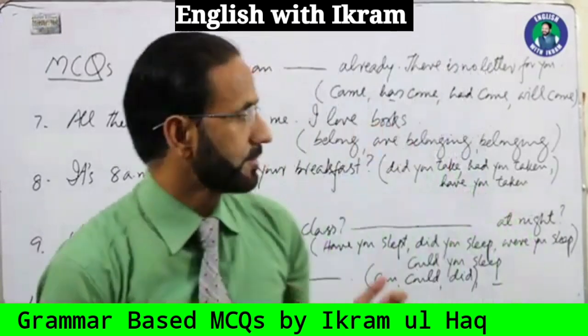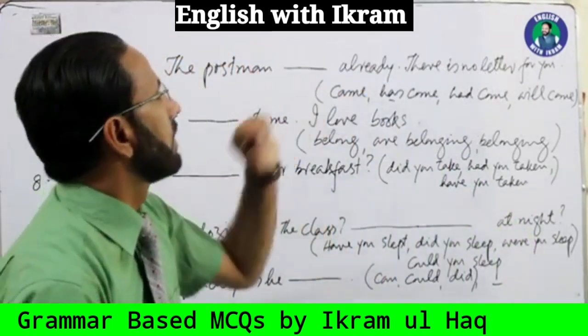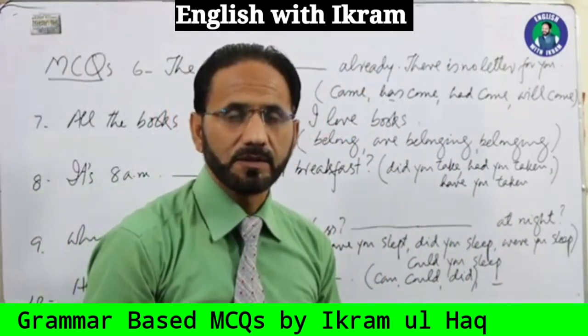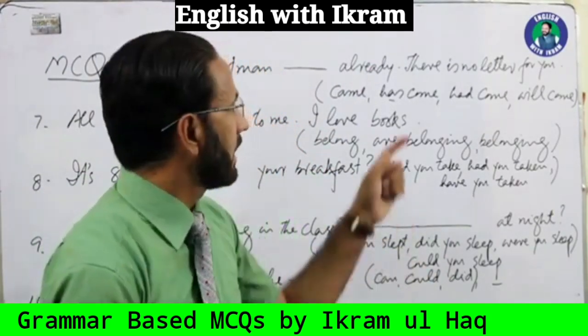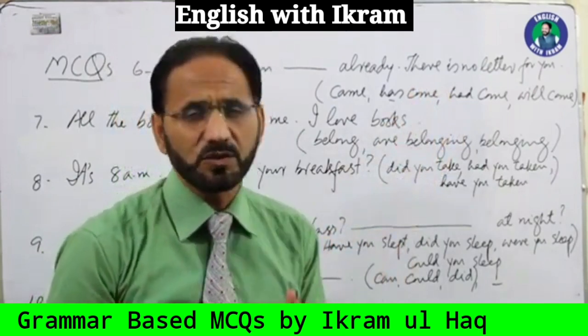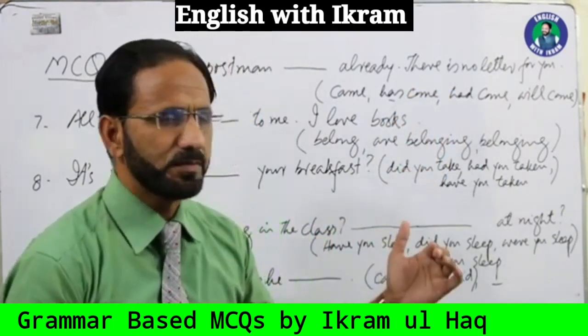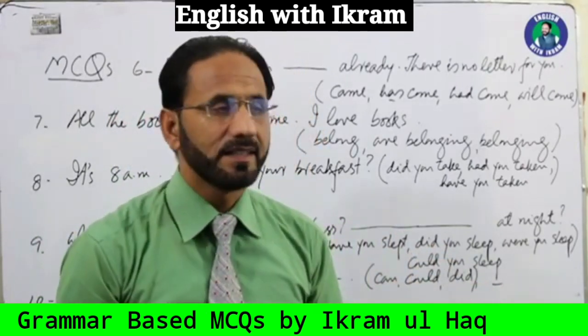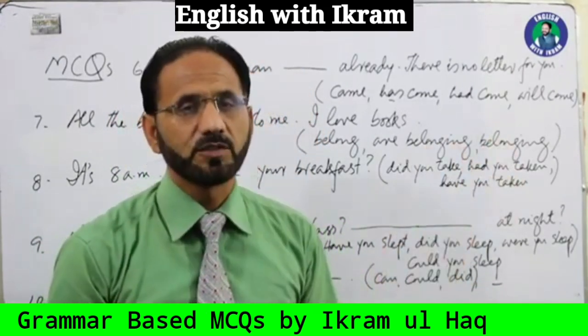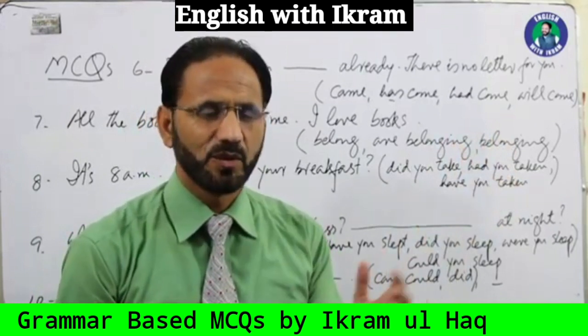The postman dash already. There is no letter for you. Again, look at the sense of this sentence. It is an action that has occurred very close to present, because the postman has arrived and the person is looking at the mail and telling the other person there is no letter for you.